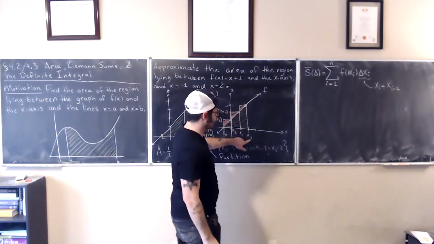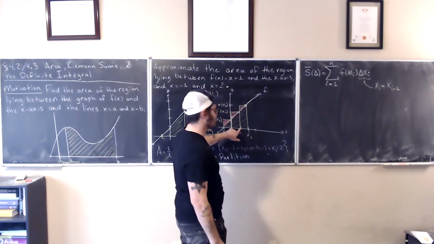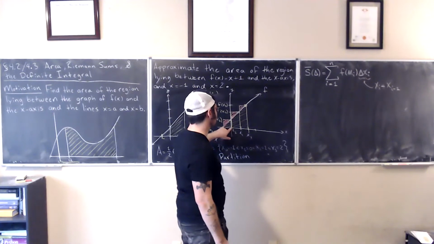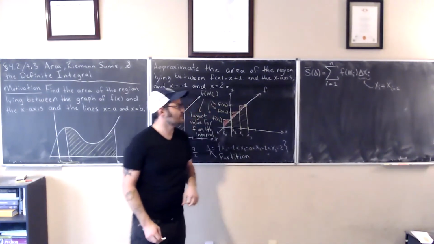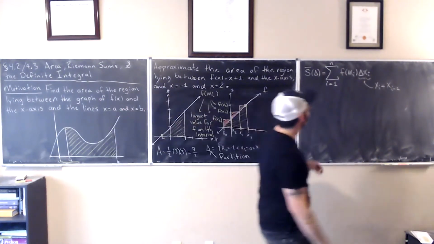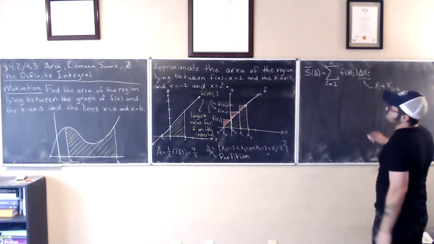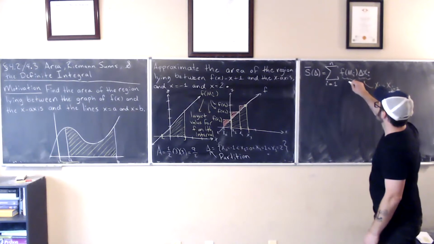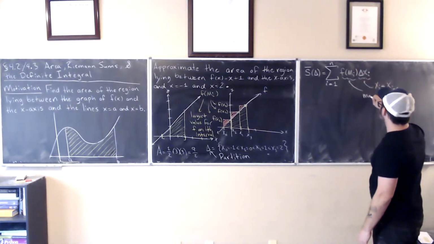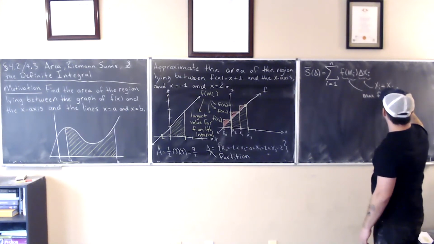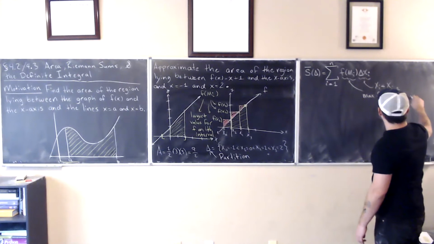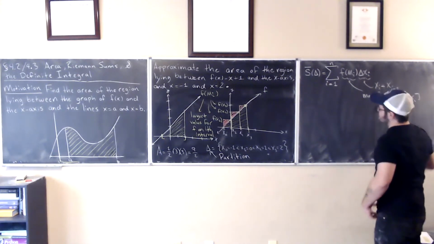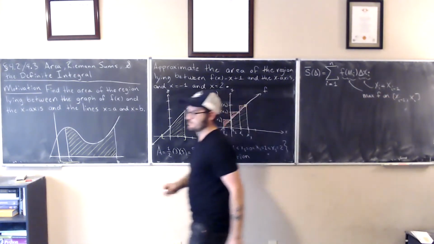So what's the width here? It's x3 minus x2. What's the width there? It's x2 minus x1. What's the width there? It's x1 minus x0. So that's just the width. And this is the maximum value, so max of f on the interval x_(i-1) to x_i. We're just taking that to be the maximum.